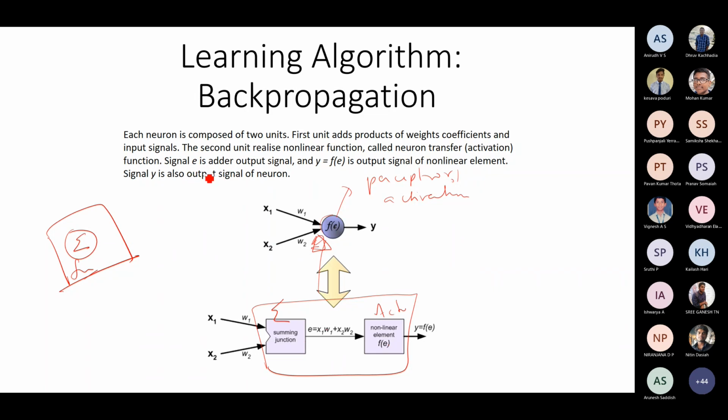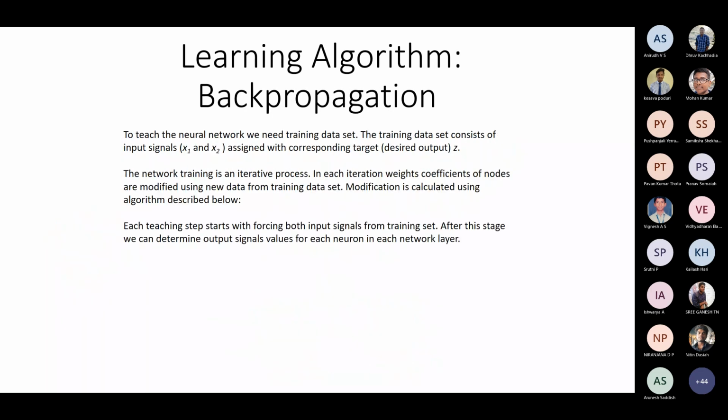You have W1 x1 and W2 x2, so E will be W1 x1 plus W2 x2. You operate a function f of E, which is my output Y. So this is going to be my backpropagation algorithm.